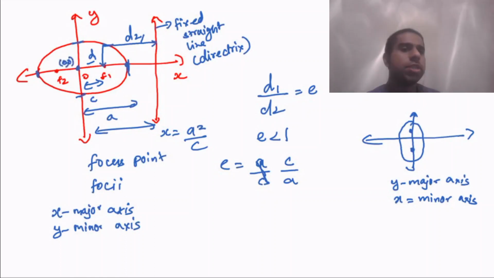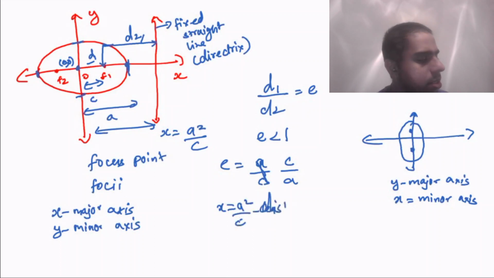The center of the ellipse is placed on the origin. So we are denoting the distance of the straight line by x. X equal to a square by c is the distance of the directrix from the center of the ellipse.